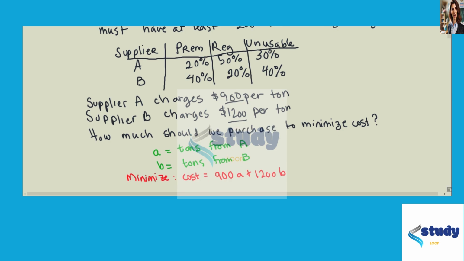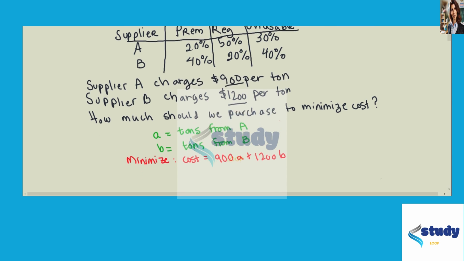All right, now we're going to write the inequalities. We have to buy at least 280 tons of premium. So we bought A tons from A, and 20% of them are premium, so 0.20A is how much premium we got from A, and 40% or 0.40B is how much we got from supplier B, and we need that to be greater than or equal to 280.